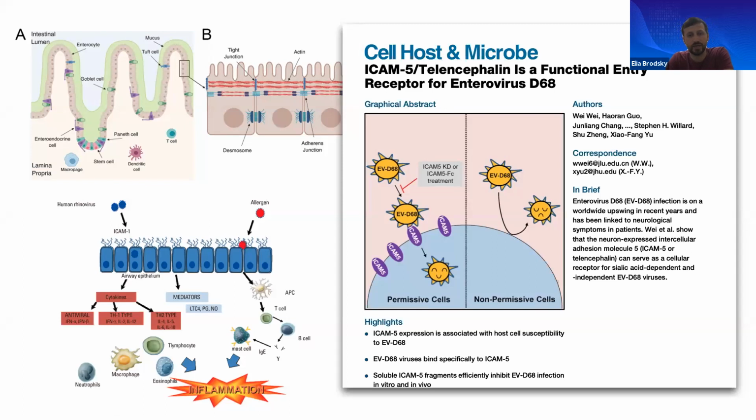A TLR3 TRIF complex activates a signaling pathway and interacts with IKK-related kinase complexes, resulting in phosphorylation of IFN regulatory factor 3. So once the virus gets into the cell, you have this interferon response that triggers this cascade of immune responses.